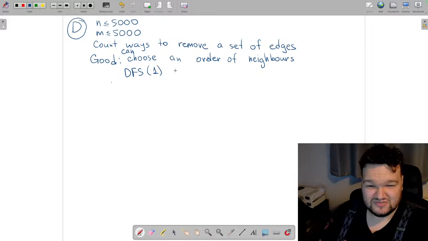So all the vertices will be visited in increasing order.